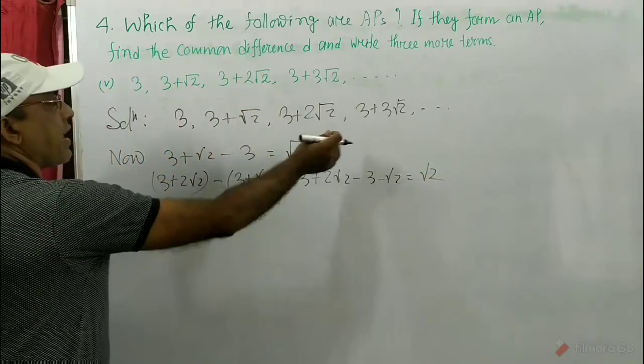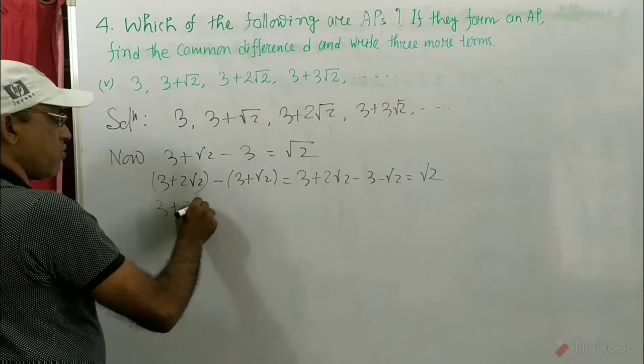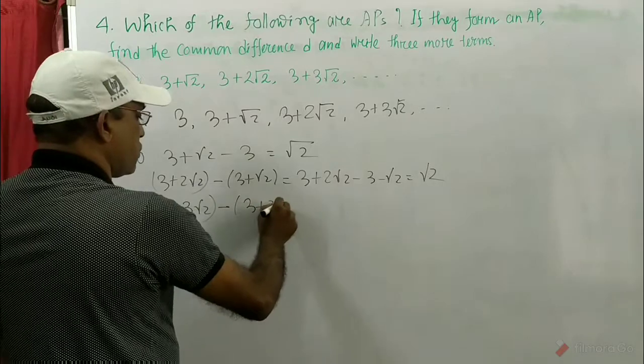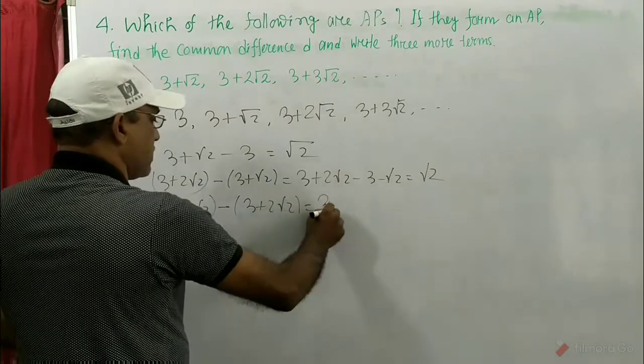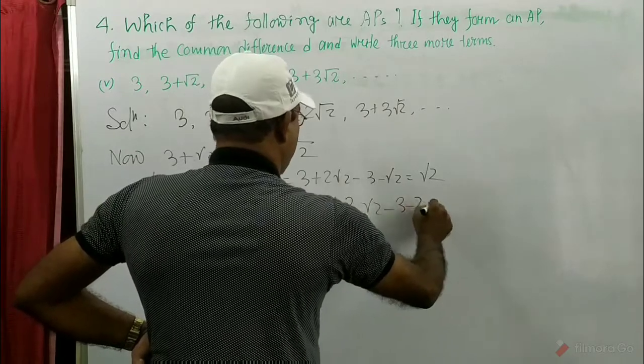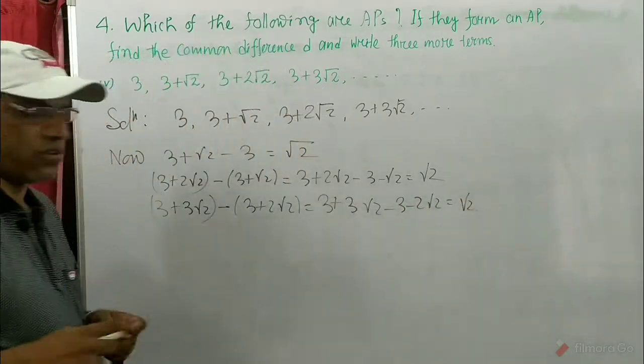And 3 plus 3 root 2 minus (3 plus 2 root 2) is 3 plus 3 root 2 minus 3 minus 2 root 2, which equals root 2. The 3s cancel, and we get root 2.